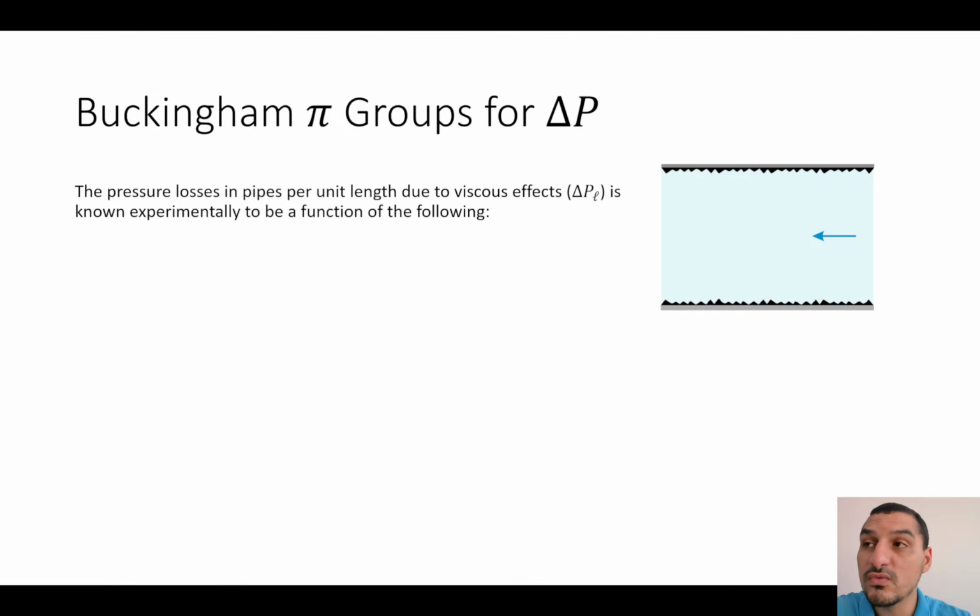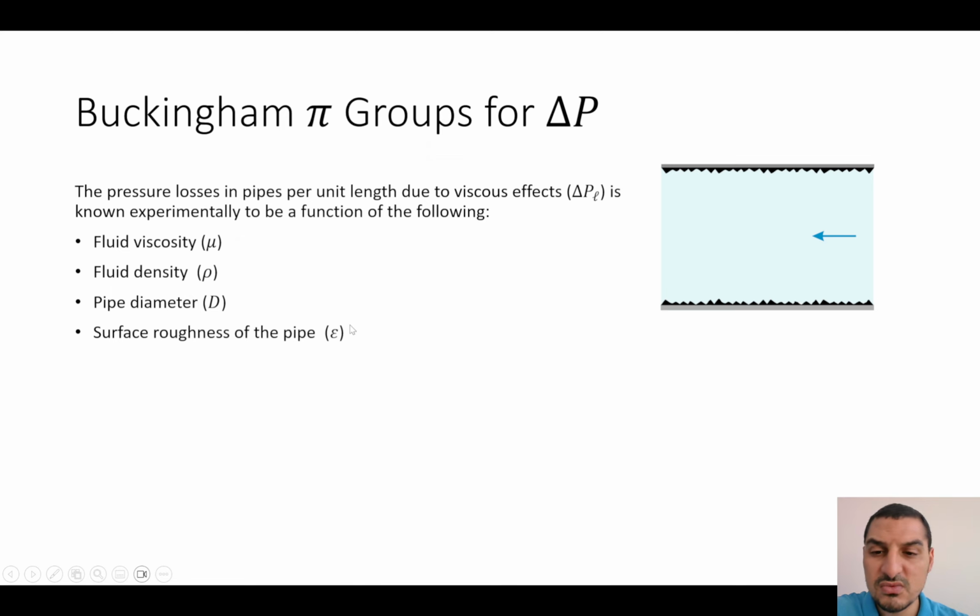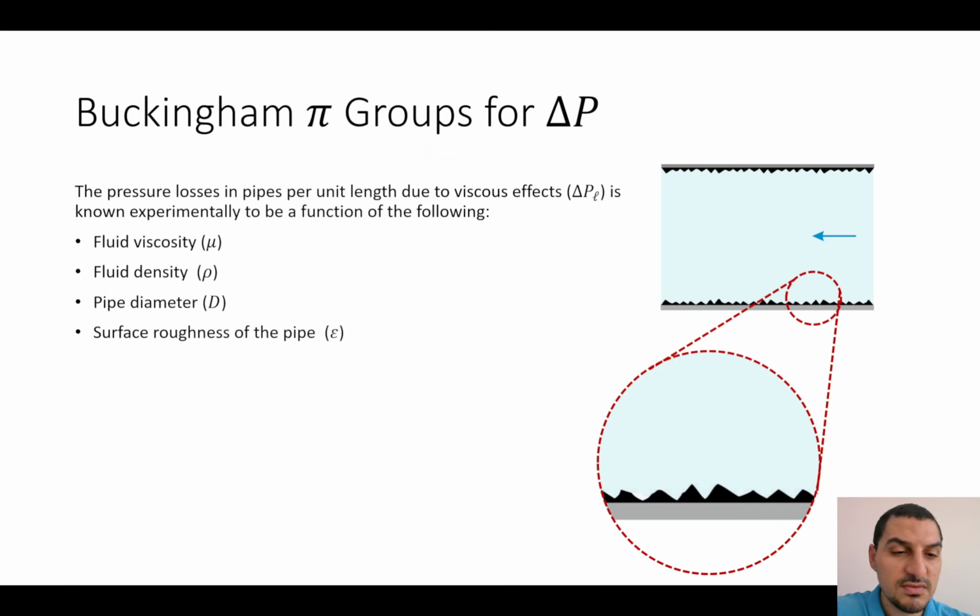We know from experiments that the pressure drop, and this is per unit length, and this is important, so it's the pressure drop per unit length, is a function of some parameters: the density, the viscosity, the diameter of the pipe, the surface roughness. Surface roughness is a new term that we will see now, and it relates to the material from which the pipe is made.